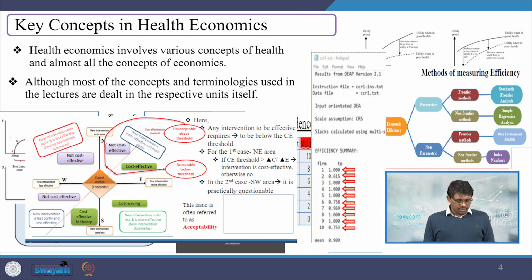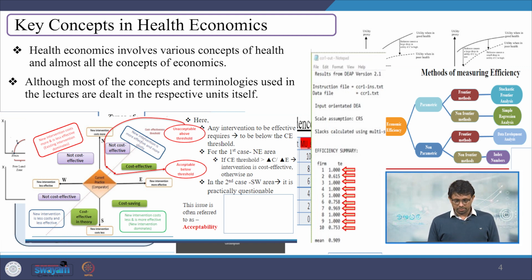And so far as economic evaluation is concerned, we have tried our best to understand cost saving techniques. We attempted to discuss the possible tools: cost benefit analysis, cost utility analysis, and various other tools of economic evaluation are discussed in detail, especially in week number 8 and week number 9.